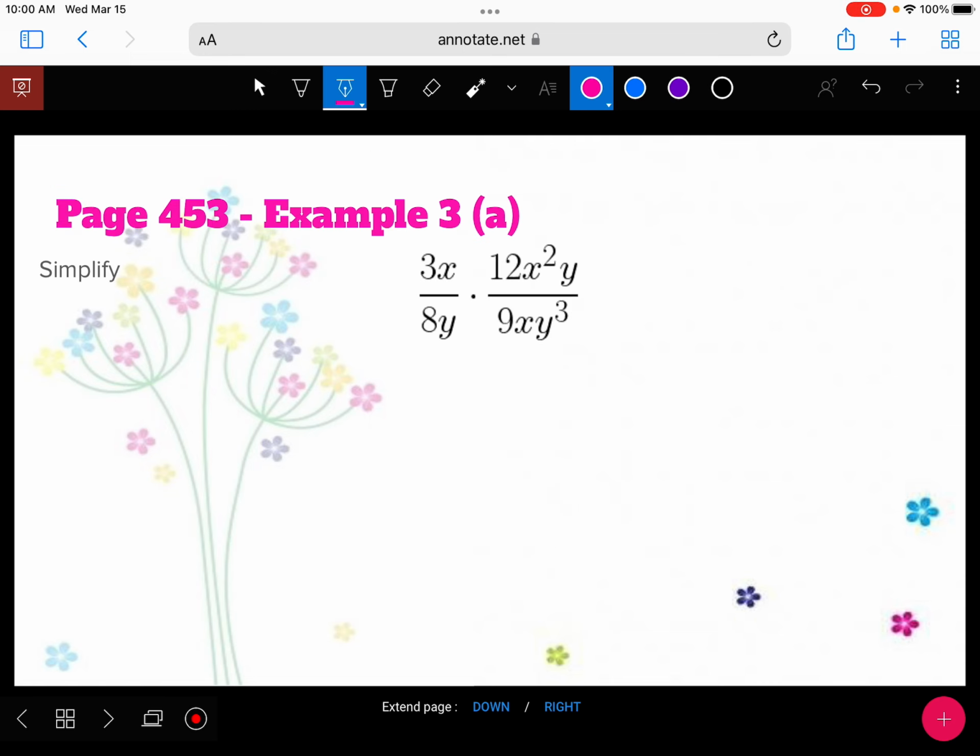So when we are multiplying these fractions, especially on this first one, I'm going to multiply across, top and bottom, and I'm going to rewrite. And when I rewrite it, I'm going to group my pieces together. So I'm going to put my numbers next to my numbers, my letters next to my letters. So my x's together and my y's together.